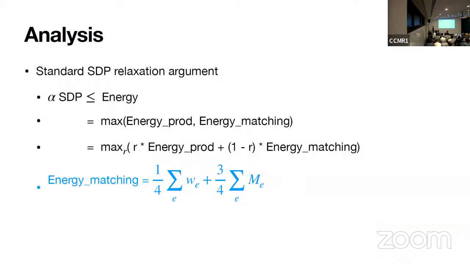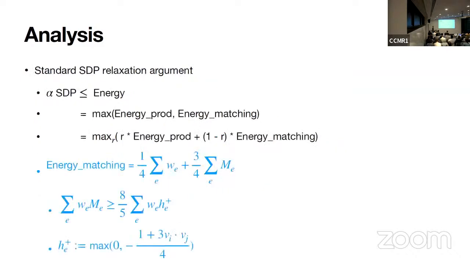And the matching state is simpler. If it's not matched, you get a quarter, and if it's matched, you get energy 1. So you can write it in this way. And we can lower bound the matching with the SDP value because of monogamy of entanglement.